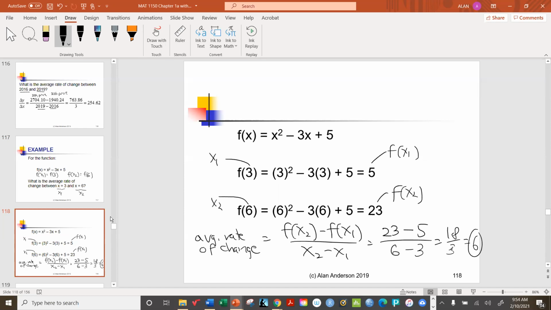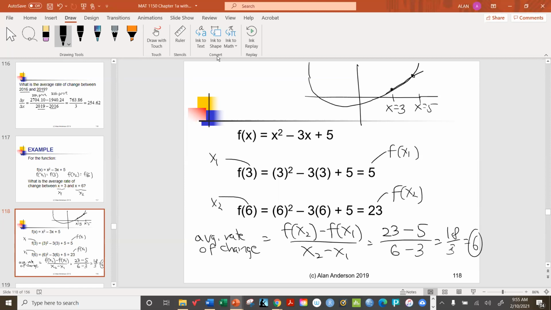So basically, if you can visualize this parabola, it's going to look something like this. And so we're looking at, let's see now, let's say x is 3 here, and x is 6 here. Oh, I didn't do a very good job here. Hold on. So yeah, in other words, we're essentially looking for the rate of change over this interval.